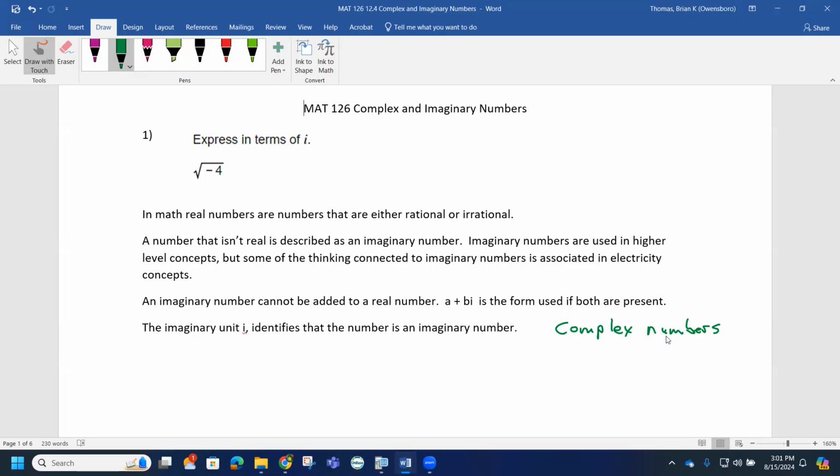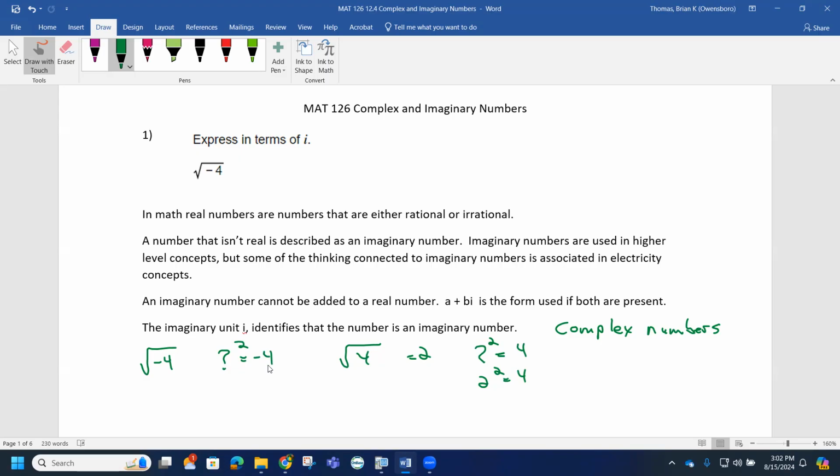So how do we come up with an imaginary number? If we look at this problem right here, the square root of negative 4, remember, if I just give you the square root of 4, what this is asking is, what can you square and get 4? Well, 2 squared would give me 4, so the square root of 4 is 2. So the square root of negative 4 is asking, what can you square and get a negative 4?